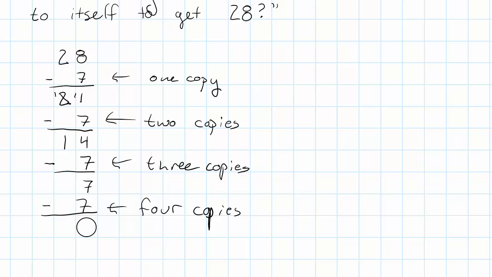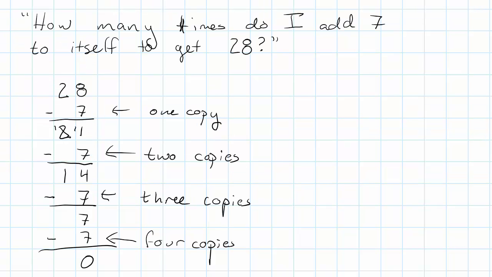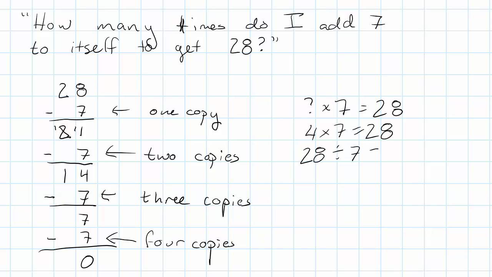So, I can take away 7 from 28 4 times. So, how many times 7 is 28? Well, 4 times 7 is 28. And so 28 divided by 7 is 4.